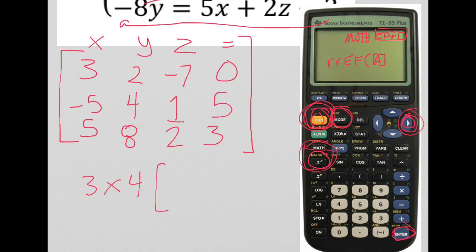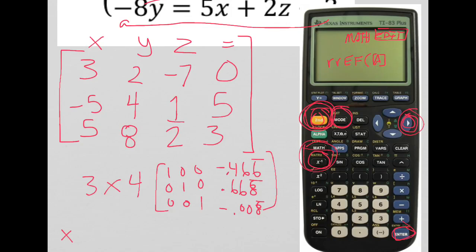You will get the matrix 1, 0, 0, -0.466 repeating, and then it'll say 0, 1, 0, and you will get 0.668 repeating, and then 0, 0, 1, and it'll say -0.008 repeating, like that.